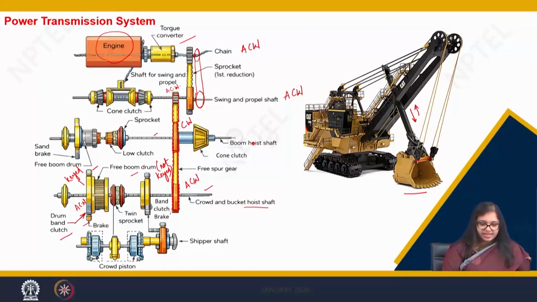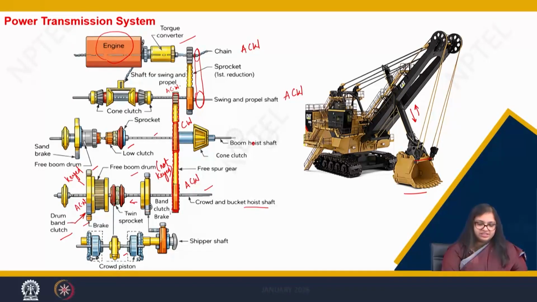Now, there is another band clutch here, which gets attached to this twin sprocket. There are two sprockets, one sprocket here and the other sprocket here, which are attached to this shipper shaft.